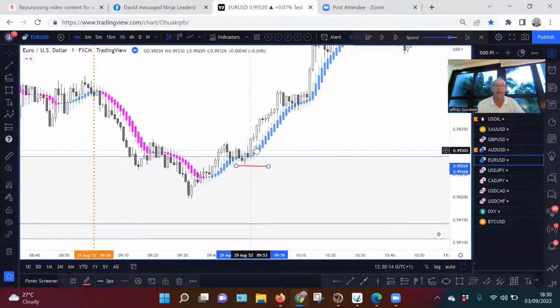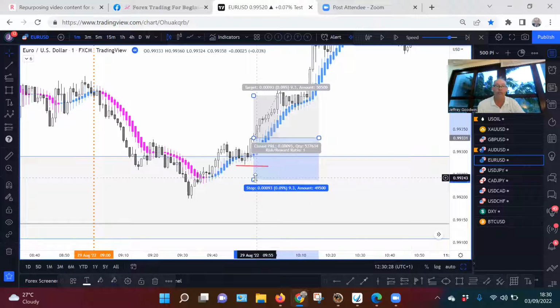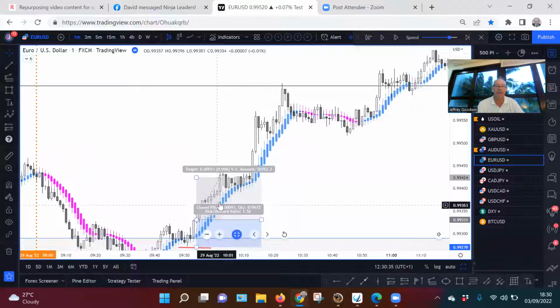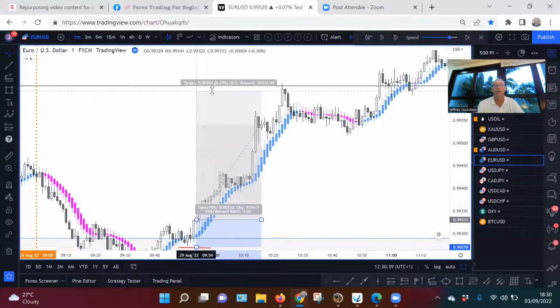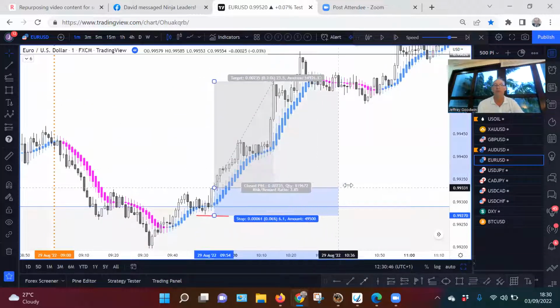In this one I would actually enter there, on the pullback, so that would be the entry. My stop loss would be there, 1 pip after. And as long as that stays on this side of the trend, ladies and gentlemen, you cannot make this stuff up. It pulls down into consolidation. Just made a nice 3.85%.